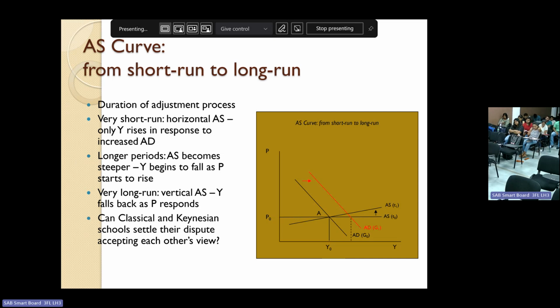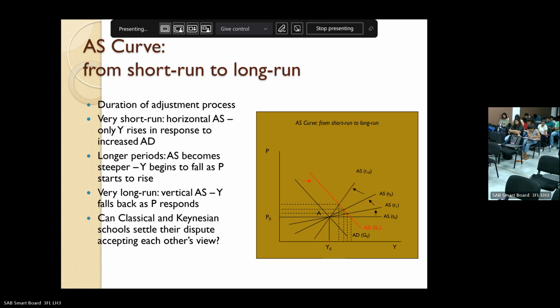It's an adjustment. Likewise, from T0 to T1, the supply curve becomes steeper. As time takes place, the price tends to increase, but income tends to decrease.